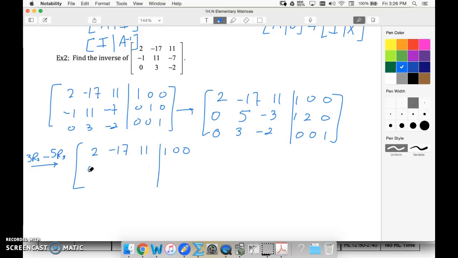I'm going to leave row 2 alone for the time being. And now 3 row 2 minus 5 row 3. And then we will have negative 9 plus 10. That's really nice, is 1. And then 3 row 2, so 3, 6, minus 5 row 3.